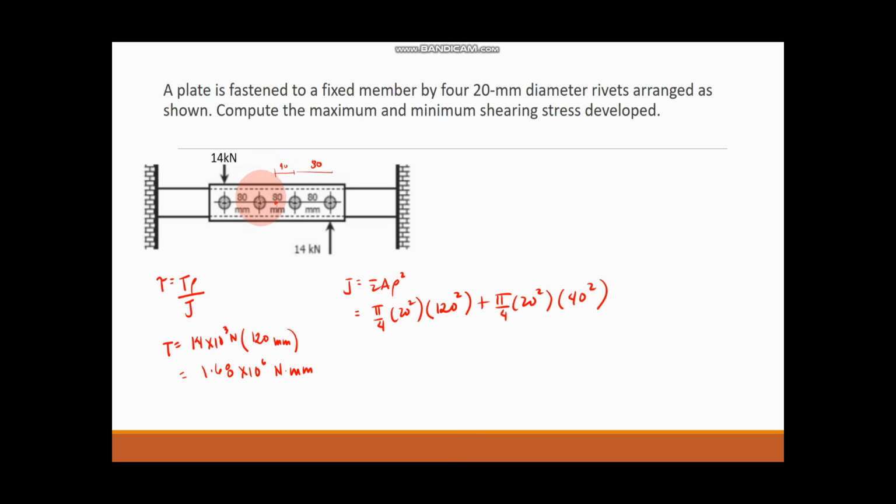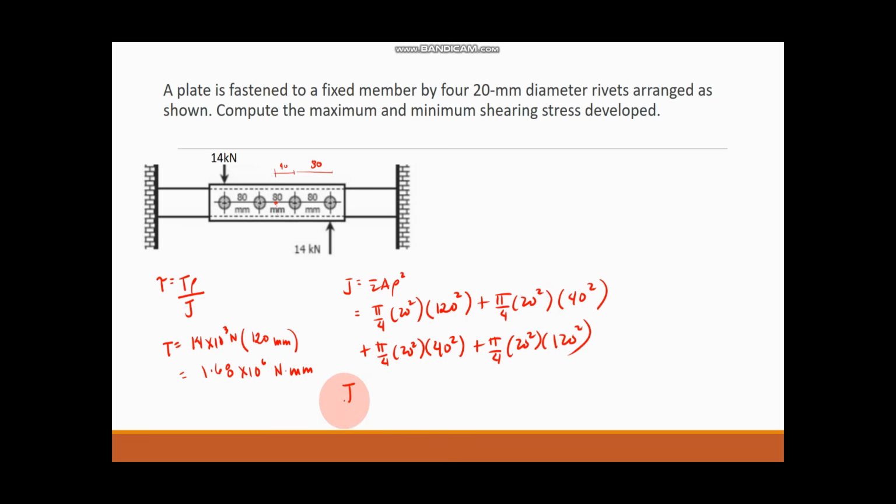Next, this one, and next is this one. So plus pi all over 4 of 20 squared, rho is 40 squared, plus pi all over 4 of 20 squared of 120 squared.